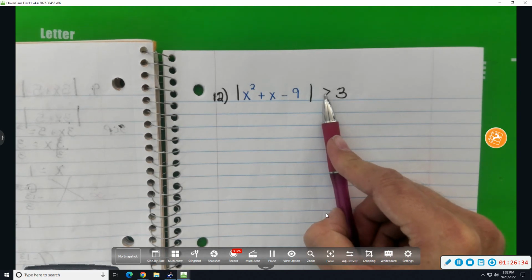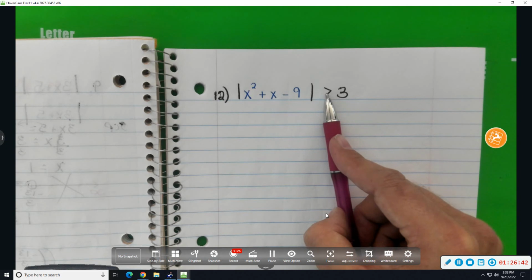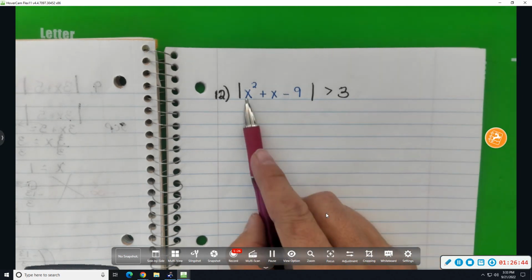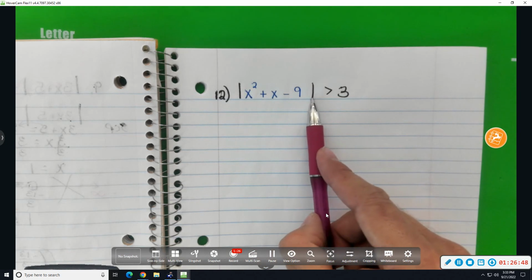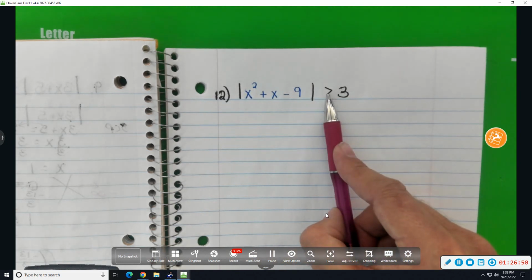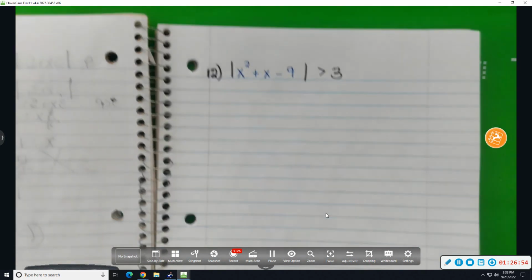What's the name of the method we're using? C and P are the first letters of the two words. Cut points. You're going to solve a quadratic absolute value inequality using cut points. That's the best way to solve it.